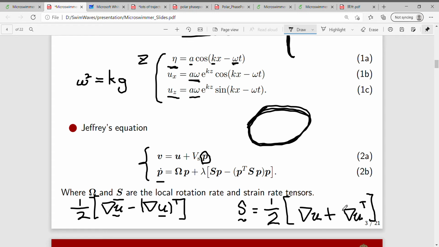And this V_s will be the swimming velocity.